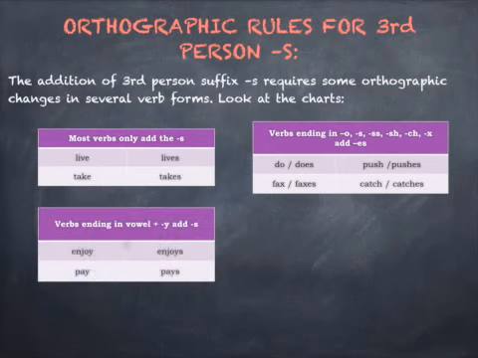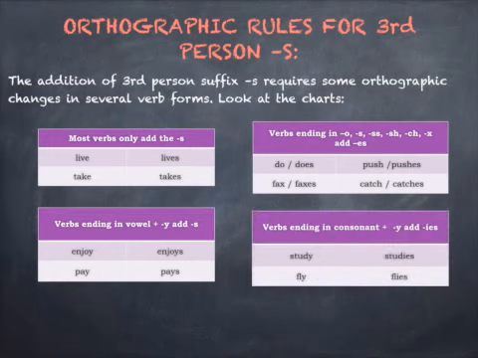Those verbs ending in vowel plus y, as enjoy or pay, keep the y and add an s: enjoy, enjoys, pay, pays. But those ending in consonant plus y, add ies: study, studies, fly, flies.